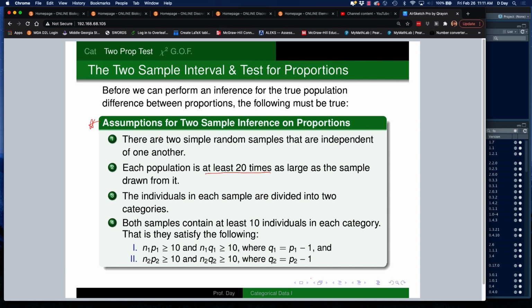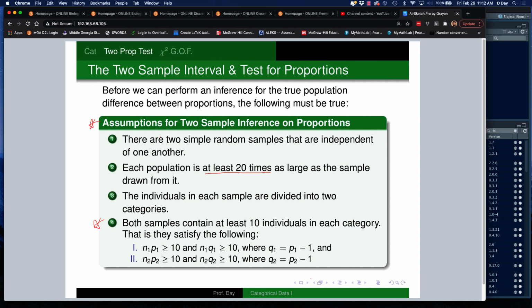The percentage of people who voted Democrat out of a group of 1,000 in one sample, and then you've got another one that you're interested in how many people voted in that group that were Democrat as well. So you get proportions. So you got Democrat or not Democrat, or whatever you're interested in looking at. So basically you have to be able to divide those groups up into two subcategories, if you will. Both samples, this last one's really important.